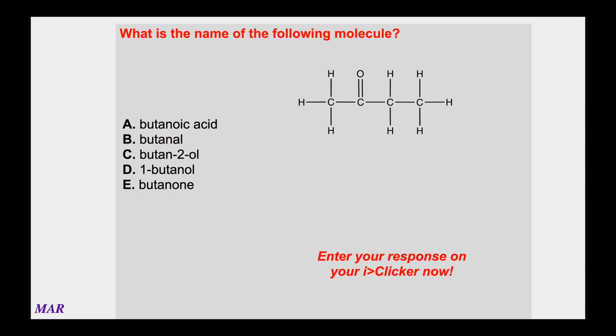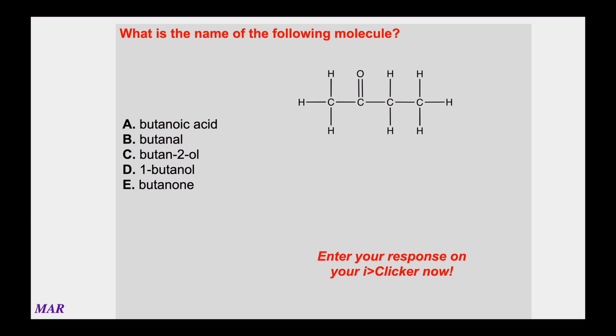All right. And we've got that C double bond O right there. So C double bond O means it's going to be either a ketone or an aldehyde, all right? It's not going to be an alcohol, and if you look at the answers there, C and D are both OL ending names, and that means they're both alcohols. It's not going to be those.